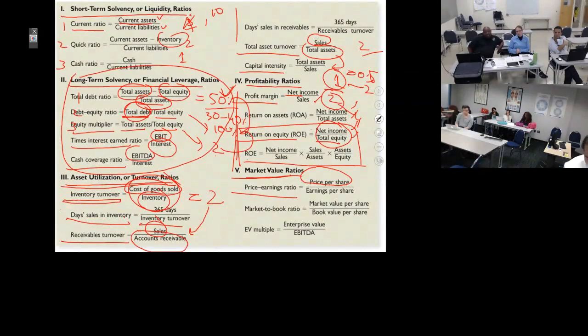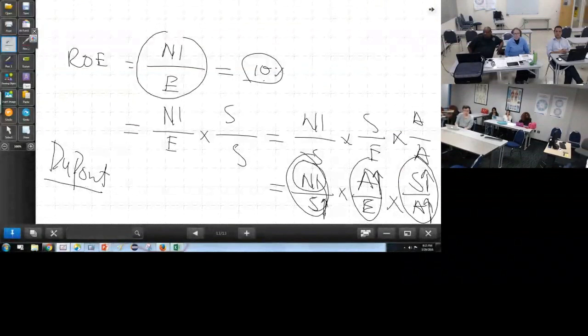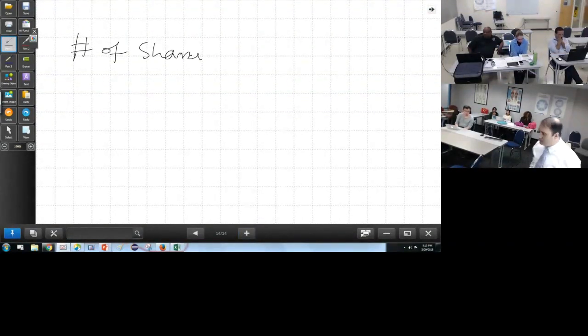And then you can calculate the earnings per share of the company as well. How do you calculate that? You easily know the number of shares of the company. It can be searched, or it can be taken from Yahoo Finance or Google Finance or from the company's annual report.